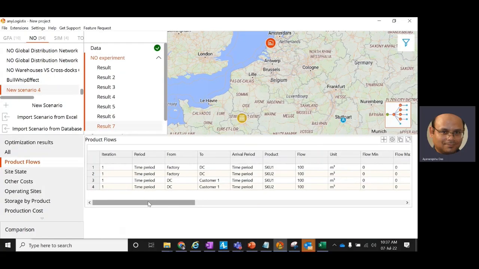What we see in this result is that the product flow has happened from factory to DC and DC to customer of 100 units only for each SKU, because the maximum throughput of the machine was 200. But if we see the demand data, the demand was for 210.